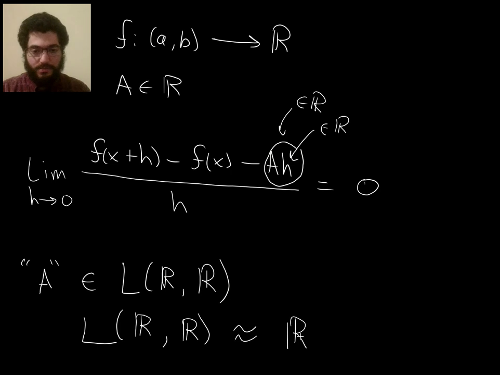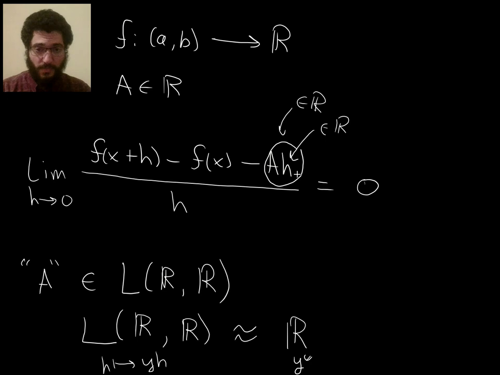And they're not just isomorphic, but there's one very special particular isomorphism that immediately stands out, namely the one where if you have a number, let's say y in the reals, then that corresponds to the mapping h goes to y times h.